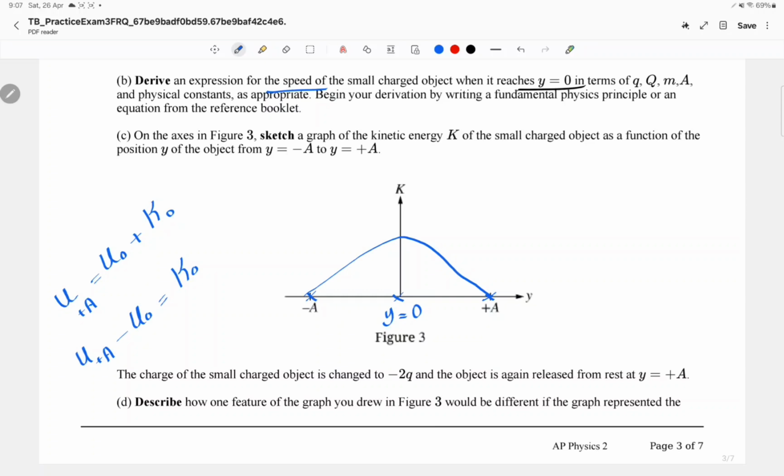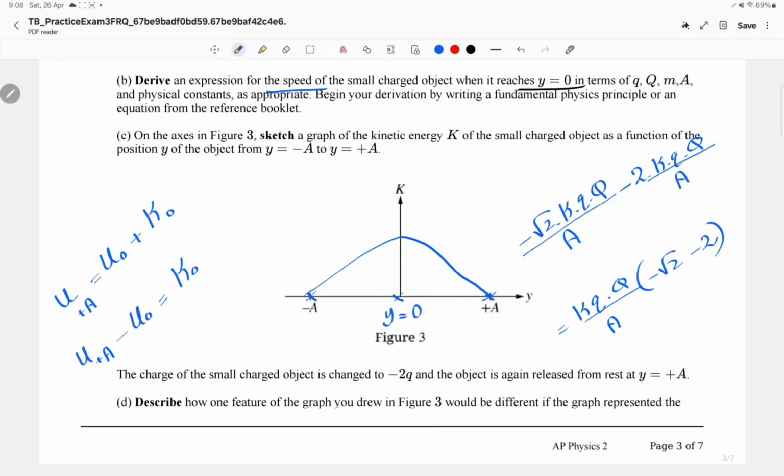Now, the U plus A, if you recall, was basically negative root 2 K Q over A minus U at the origin, which was 2 K Q over A. Okay, so right now if I factor the K Q over A out, I will get negative root 2 minus root 2. So it does, yeah.